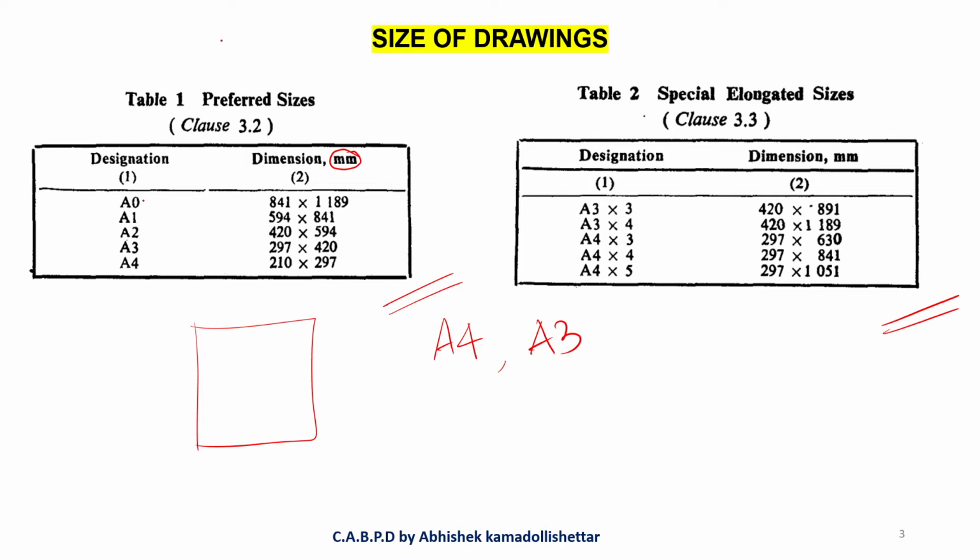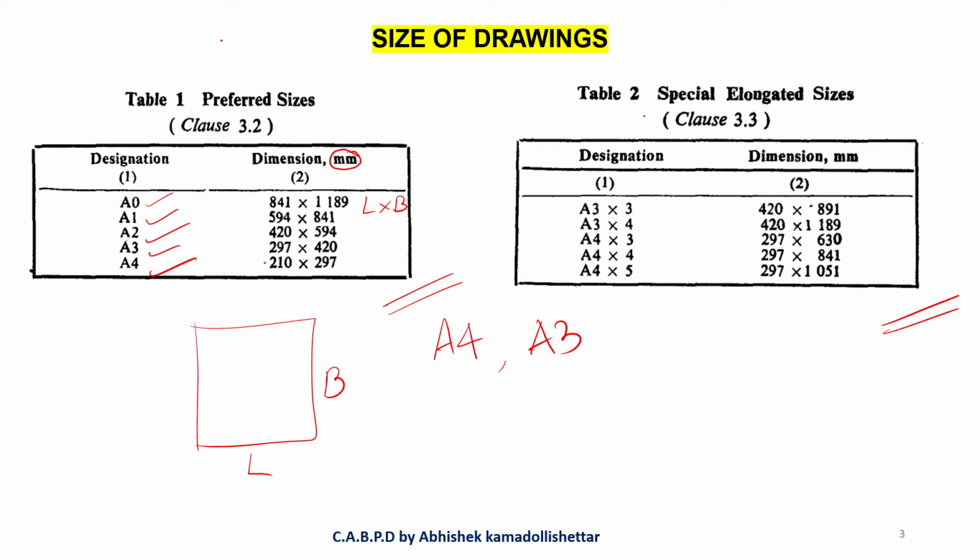Just observe here A0, A1, A2, A3 and A4, serial wise 0, 1, 2, 3, 4. Now for the dimension, it is always length into breadth, so whatever you are seeing should always be length into width.